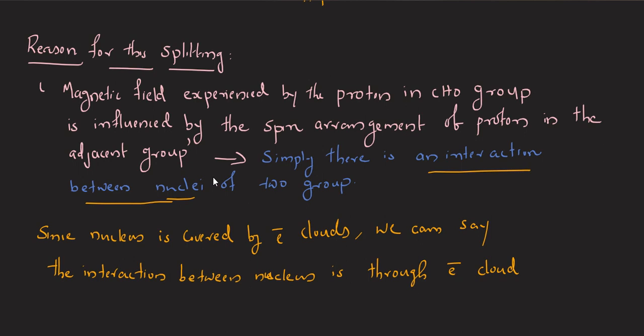So when the nuclei are interacting, they are not directly interacting. They are interacting through the electron clouds. So it is called indirect spin-spin interaction.